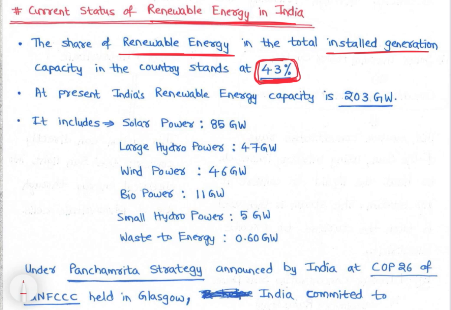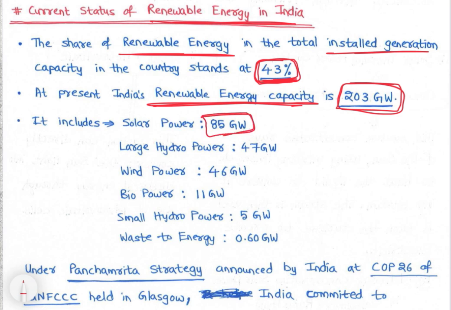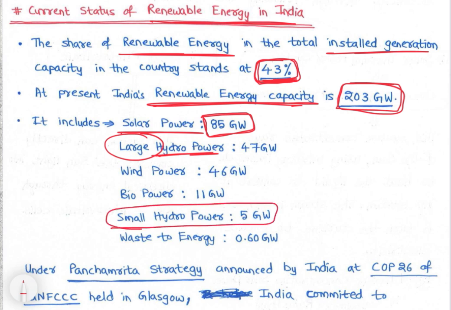At present, India's renewable energy capacity is 203 gigawatts. Out of the renewable sources, the highest is solar power. After that we have hydropower, divided into large hydropower and small hydropower, which combined is 47 plus 5, that is 52 gigawatts.